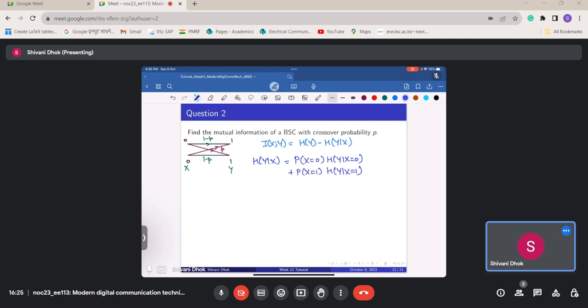Okay, so now let us find out what is H of Y given X equal to 0.